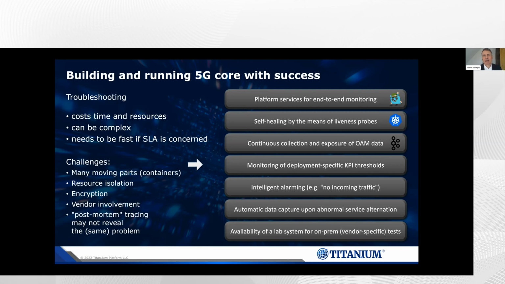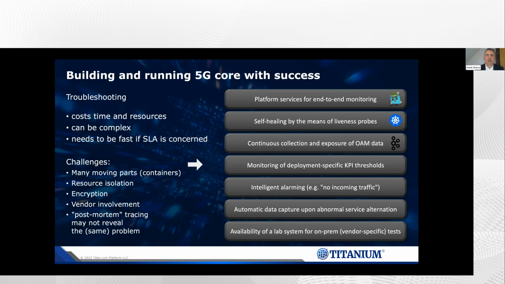And therefore, there are important measures to help in making troubleshooting effective and fast. And you see these measures on the right. So there are facilities providing end-to-end visibility and monitoring. Many troubleshooting measures like self-healing are delivered natively by Kubernetes, so they shall definitely be utilized.